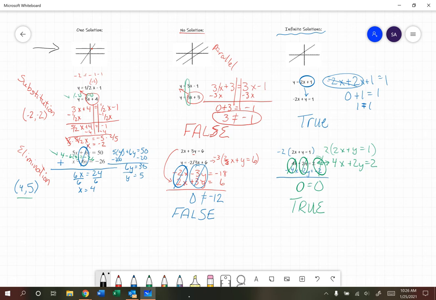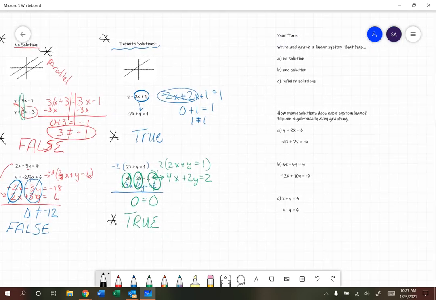So I would make sure that you have this written in your notes, that no solution is parallel and gives you a false statement. An infinite number of solutions is the same line and it gives you a true statement.